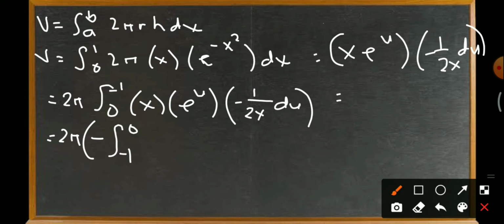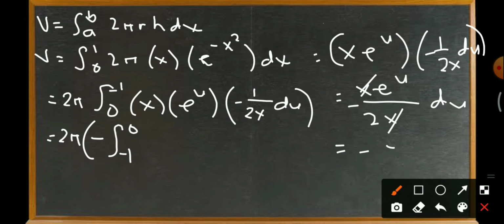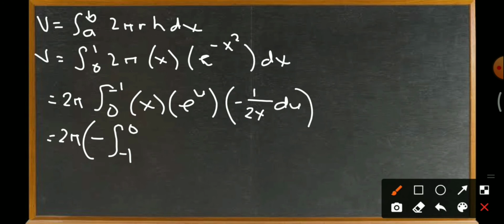We have x e to the u times negative 1 over 2x du. The x's cancel. So we have now negative e to the power of u over 2 du.